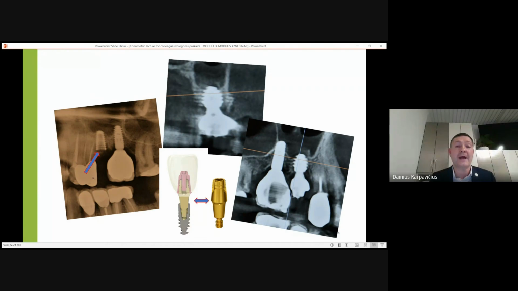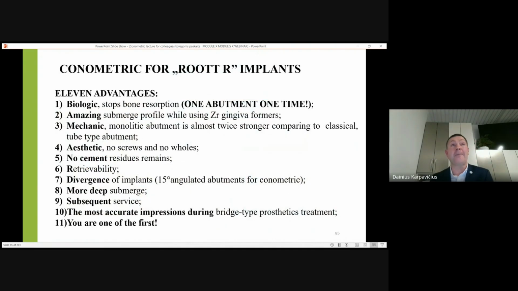You put it again on the implant, put the same crown back, and again for 10 years you are free. This service is very unique, and part of your patients will be very happy because they will feel that you take care of them. It's not only a question of hygiene. It's of course mandatory to have an occlusion service every 2 or 3 years because it changes, and here you can additionally change parts of the construction.